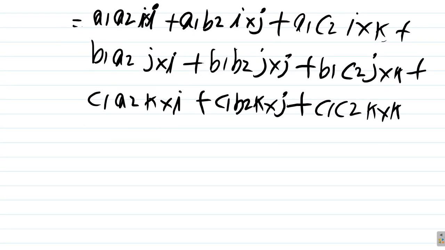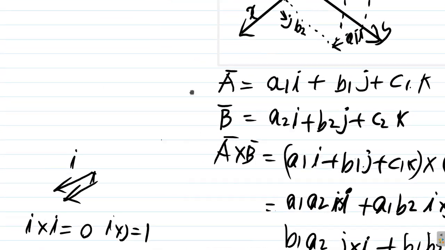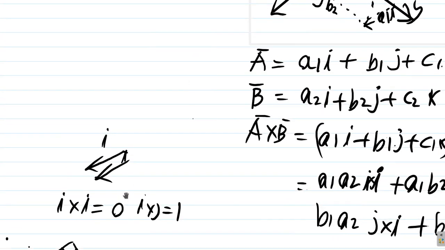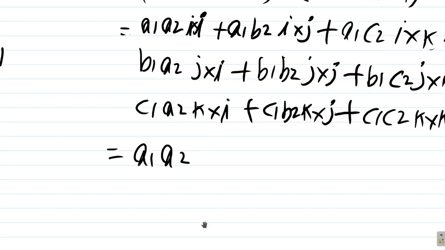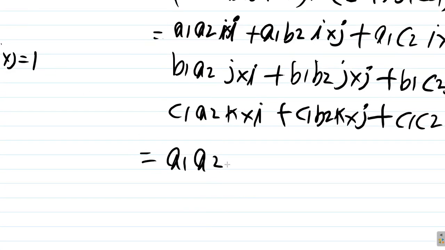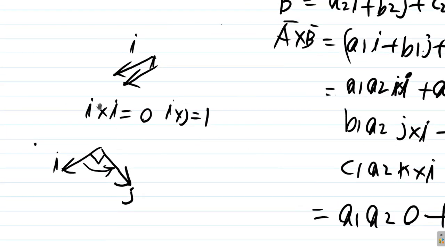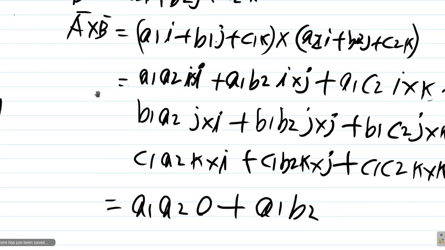Alright, so let's look at these individually now. We have A1, A2, i cross i. Same direction, so 0. The angle is 0 degrees between them, so sine of 0 is 0. So this has a 0. Alright, plus what about A1, B2? We have an i cross j. We consider i cross j as 1.